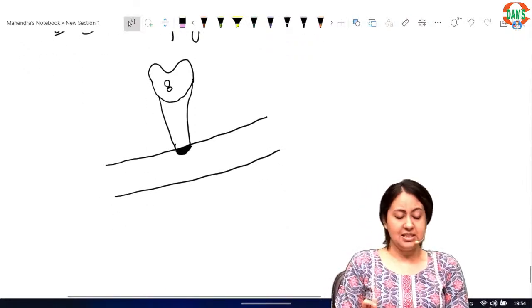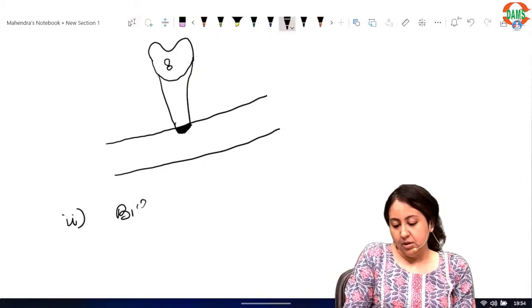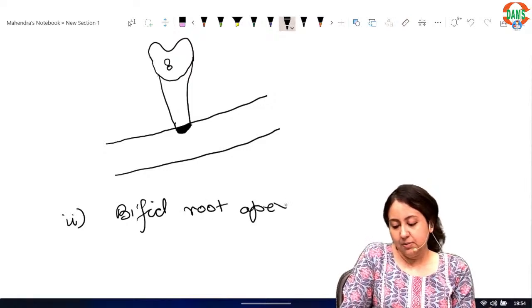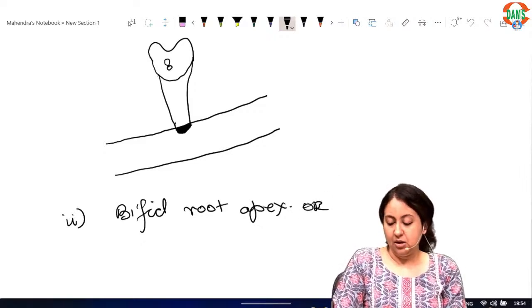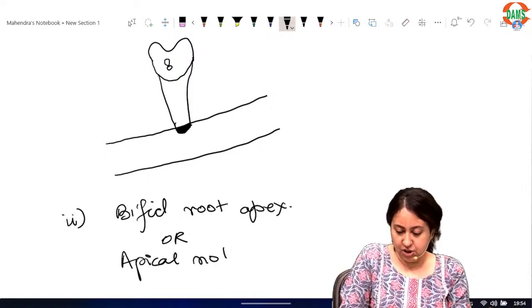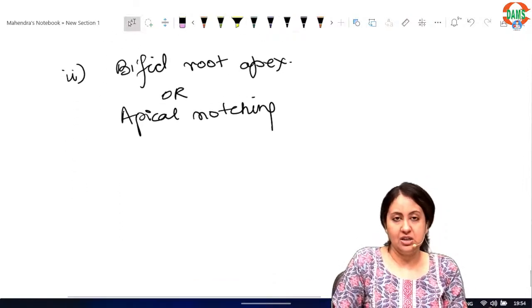Alright, now we will see the next criteria. Next criteria is bifid root apex or apical notching. Again, I will draw a diagram for you to understand this.